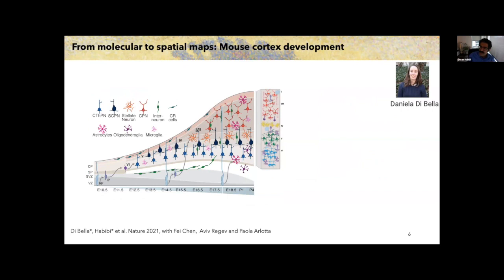To understand the sequence and timing of the key transcriptional and epigenetic dynamics that correlate with the emergence of these cell types over time, in collaboration with Paola Arlotta and Daniela Di Bella at the Harvard Stem Cell Institute, we generated a very comprehensive map of the developing neocortex over time using single cell RNA sequencing, single cell ATAC-seq, and complemented with Slide-seq.